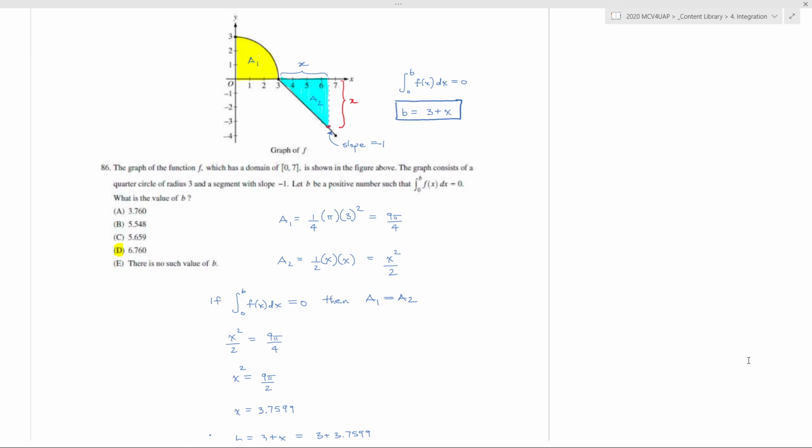It's the area 1 there, that yellow quarter circle. So I need to find some number past 3 that will form a triangle. It's obviously going to form a triangle, such that now that blue shaded triangle has to be equal to the yellow shaded quarter circle. That's the only way that our definite integral is going to be equal to 0.